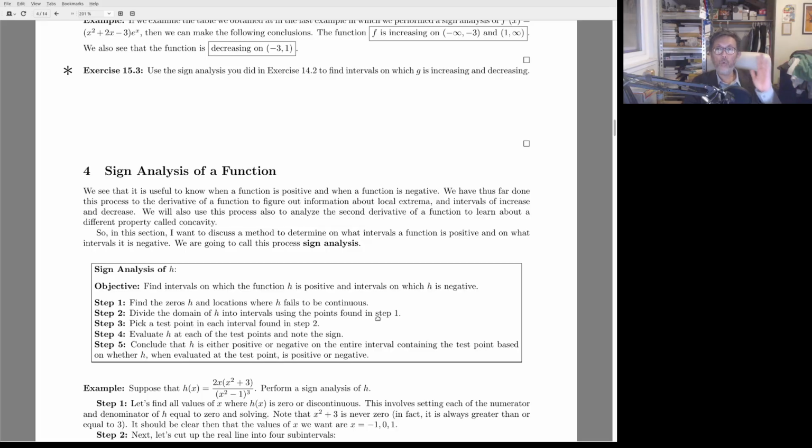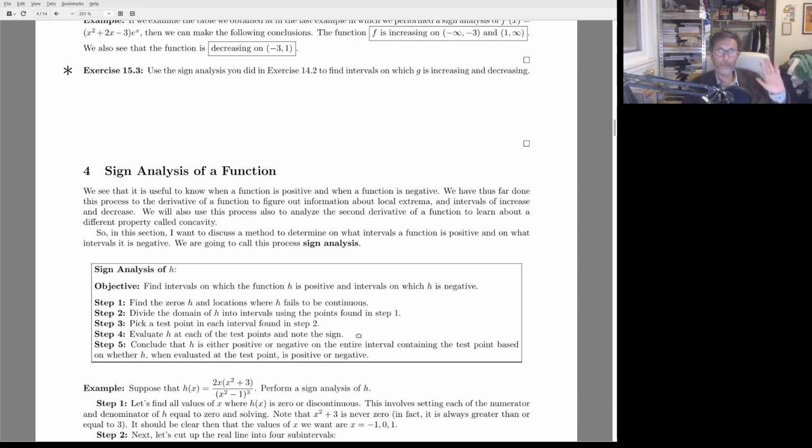We are going to pick a random point inside each interval that we found in step 2. And then we're going to evaluate the function at each of these test points and figure out what the sign is. Based on that, we're going to conclude that either h is positive or negative on the entire interval containing the test point.